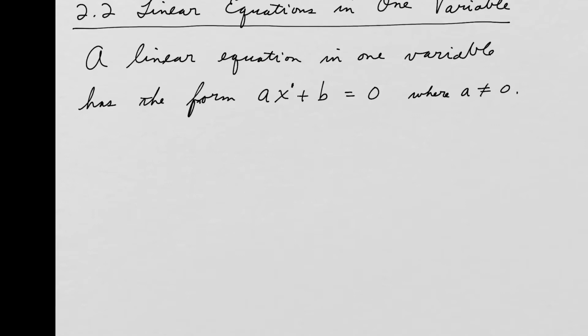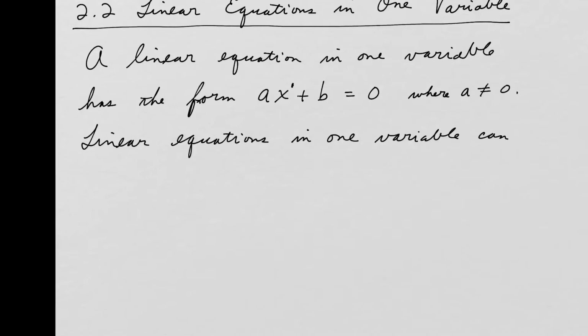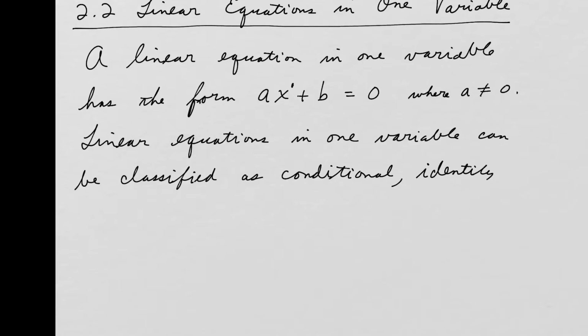So linear equations in one variable can be classified as conditional, as an identity, and as inconsistent.